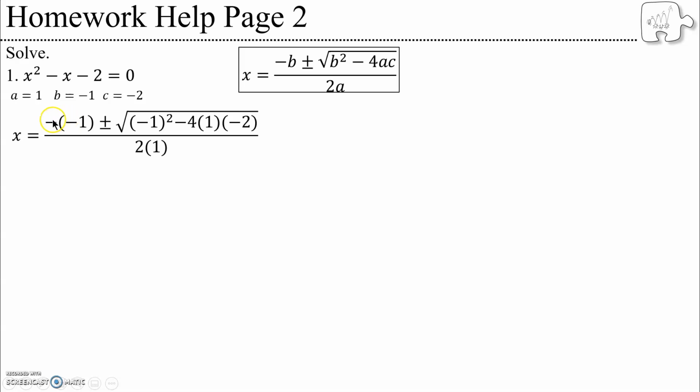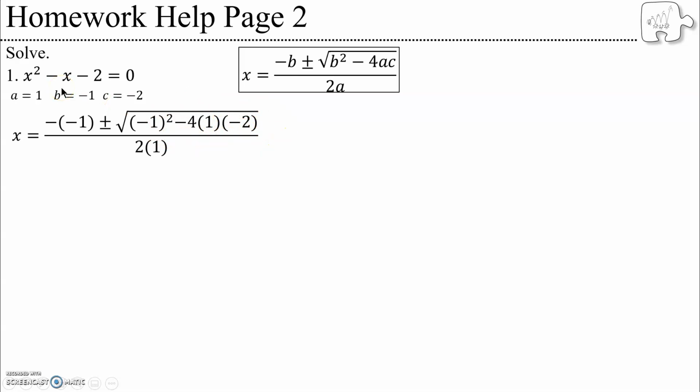Sometimes you might have double negatives, so it's good to put it in parentheses, right? You have to put this number in parentheses because you want to make sure you say it's negative 1 squared, not negative 1 squared. Right, we want to say that it's negative 1 times negative 1. Also here, it's good to put them in parentheses so you can count the negatives to think about what this sign is going to be.